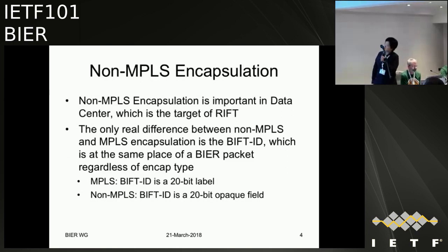Because MPLS is not always used in data center, we must consider the non-MPLS encapsulation function. So there is only one difference between non-MPLS and MPLS encapsulation. So what we should do is to distinguish the BIFT-ID in the BIER header. Next.